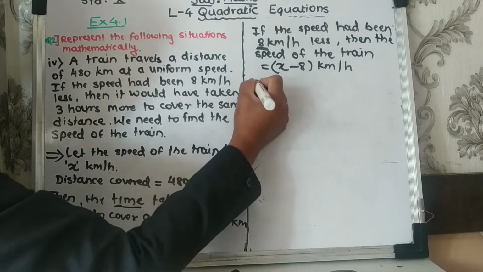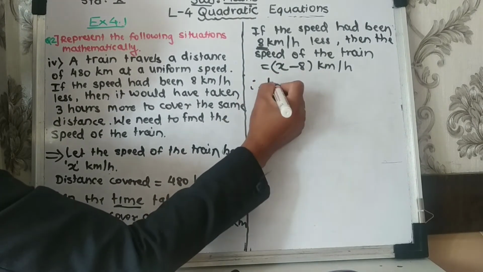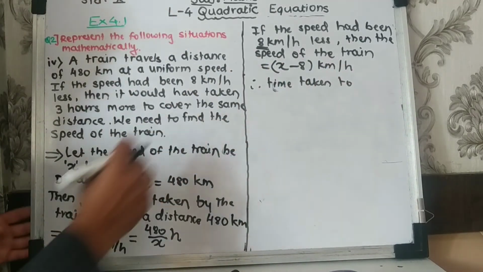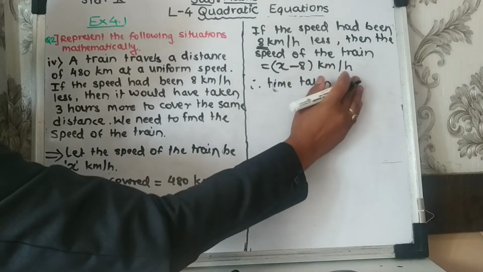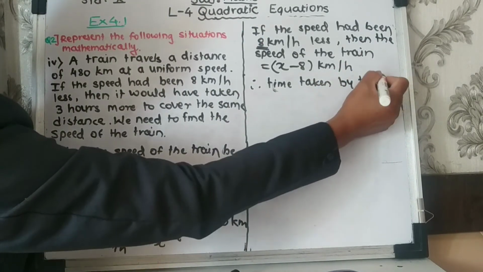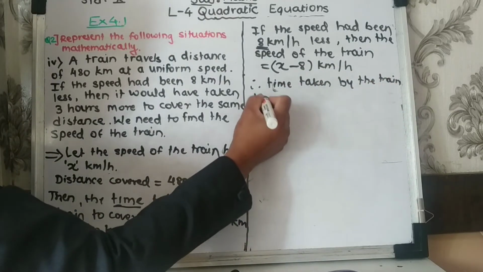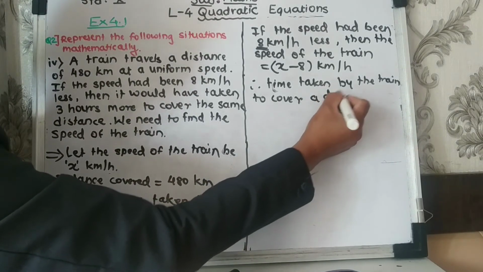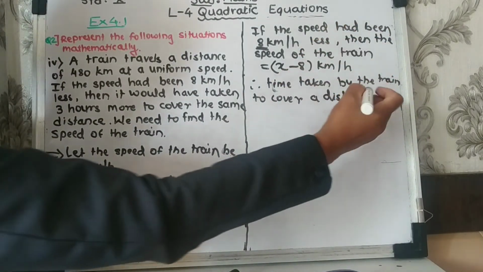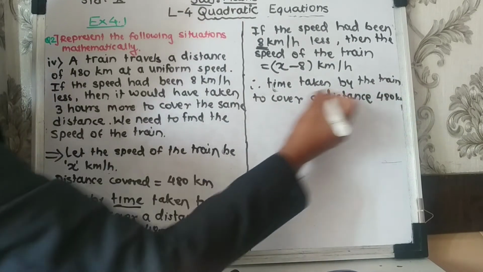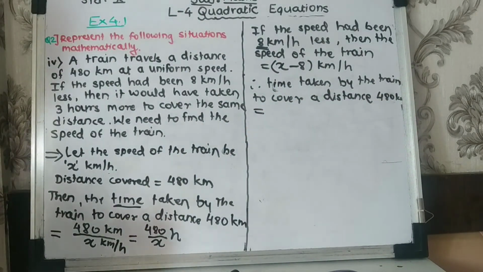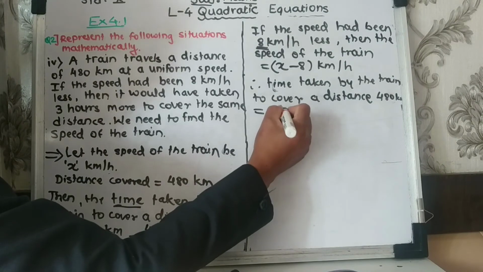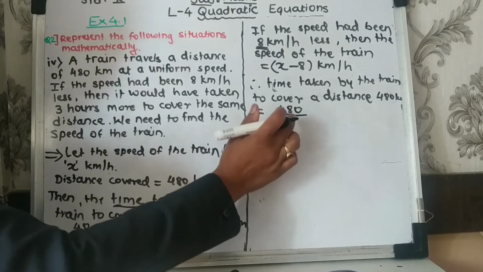Therefore we will write here: therefore the time taken by the train to cover a distance of 480 kilometer equals, how much now? The same way as earlier we wrote 480 kilometer upon x, likewise we will write 480 upon, now what is our speed?